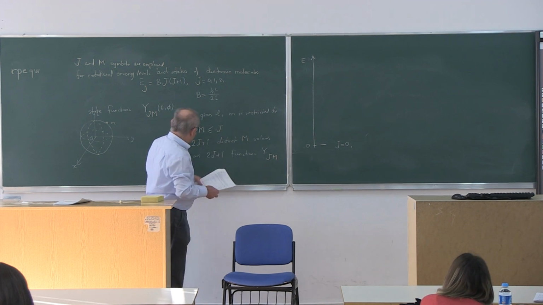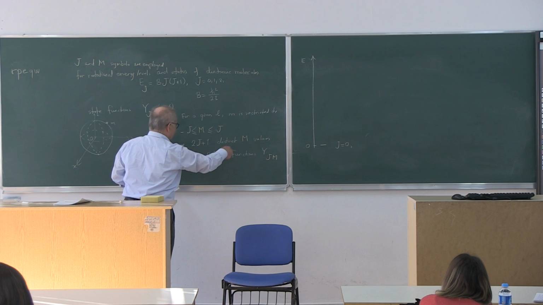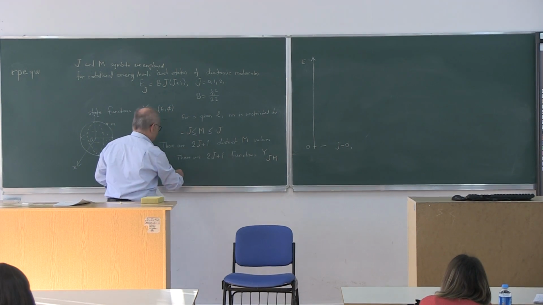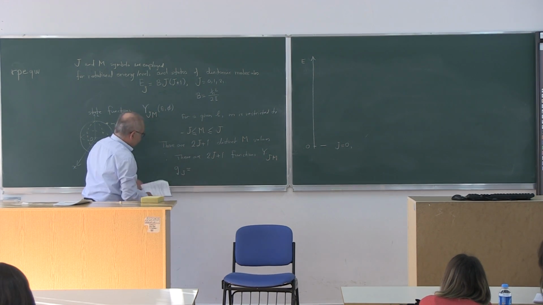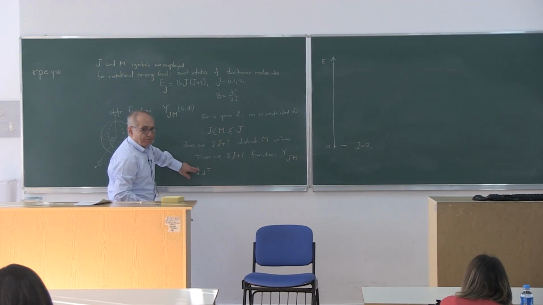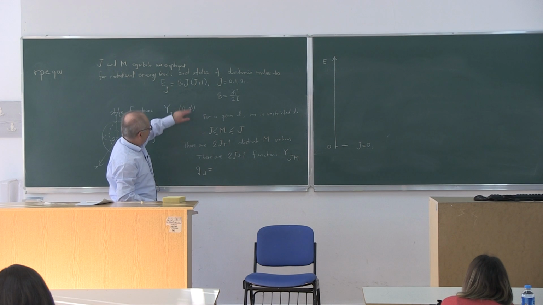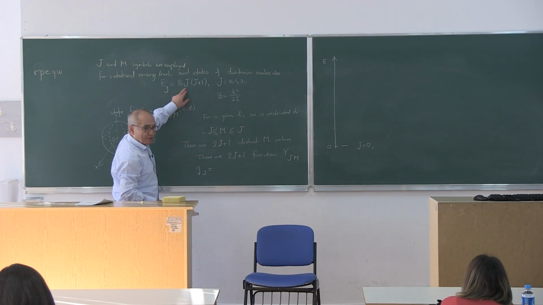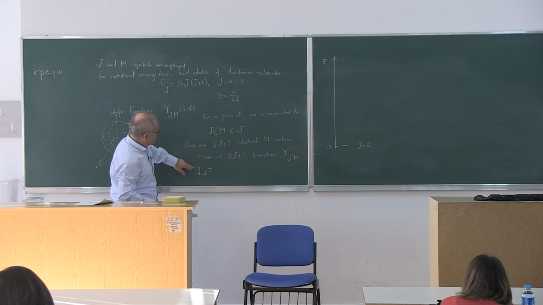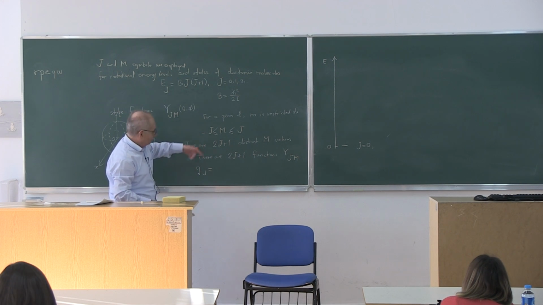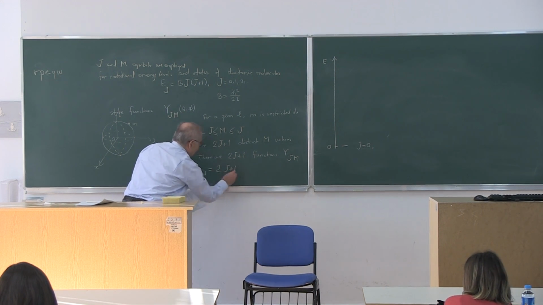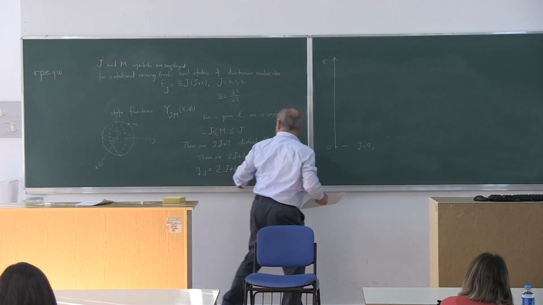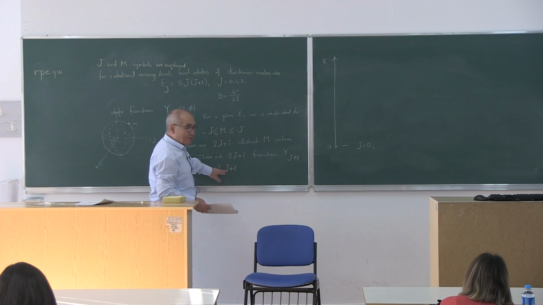So, degeneracy of a rotation energy level, g sub J. For a given J, it means a given rotation energy. Number of rotation state functions is equal to 2J plus 1. When J is 0, this number is 1, which means non-degenerate.